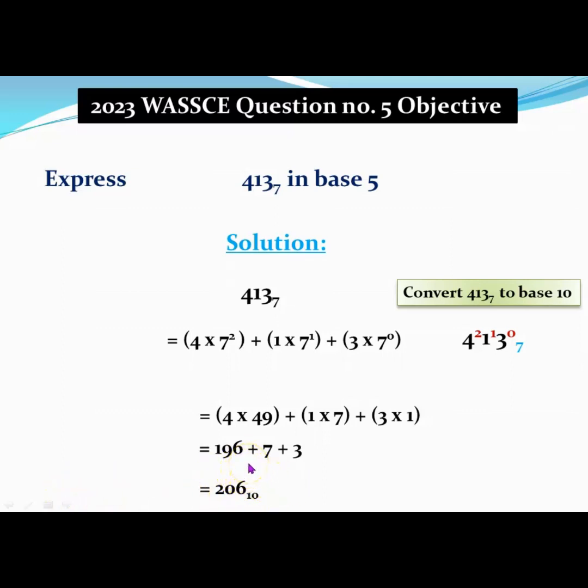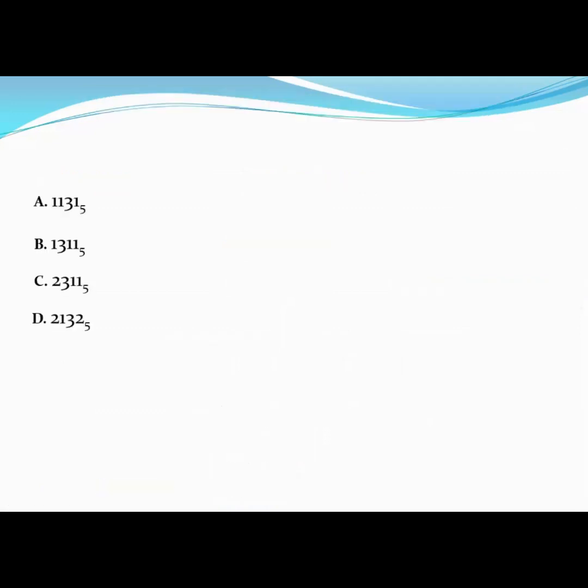Now what we do next is convert this to base 5. We can now go directly to the base we are asked to convert to, which is base 5. The first thing was to convert to base 10, and now from base 10 to the required base.